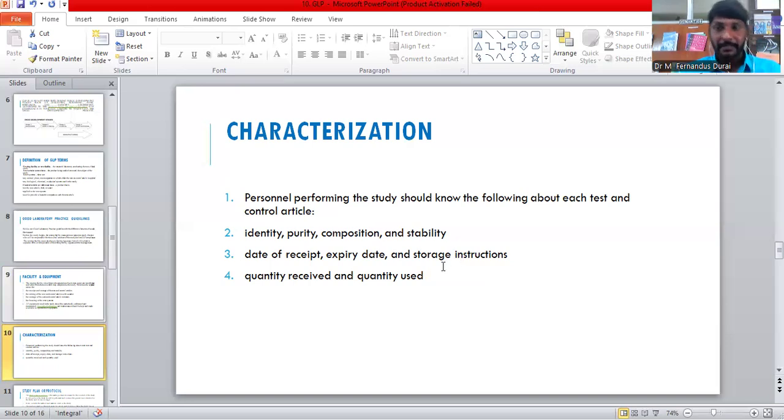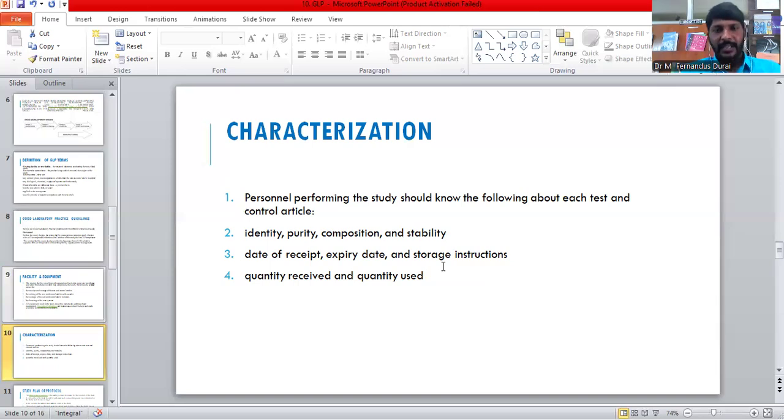Because a number of samples will come to the laboratory, we should know where to store them, because we may perform the analysis or test on the day of receipt, the next day, or after 2 days or another week. And also the quantity received and the quantity used.